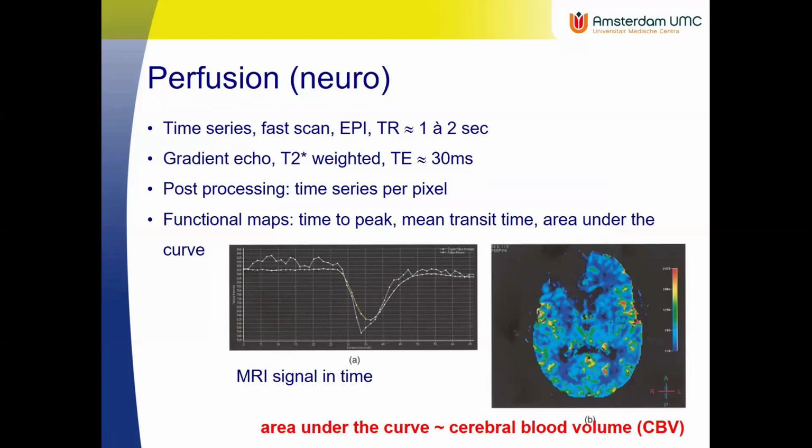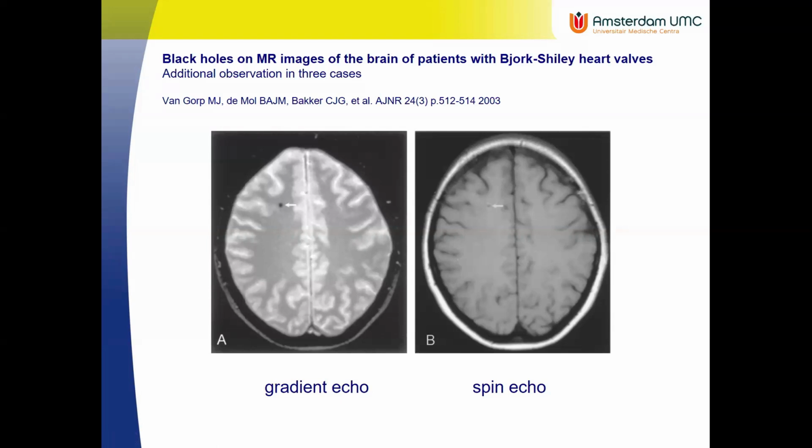Just a remark about the gradient echo sequence. It is used a lot in clinical daily use, but then mostly with a really short echo time, and the gradient echo is fast, so you do the excitation and you read the signal right after. Spin echo takes a bit longer because you need some additional tricks.